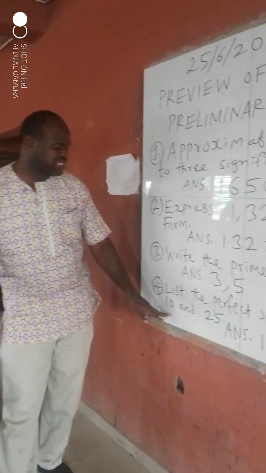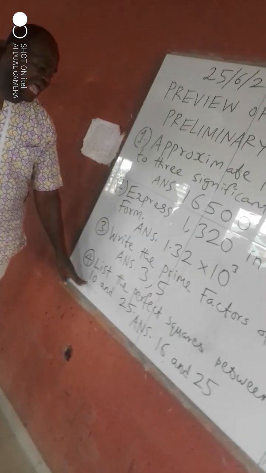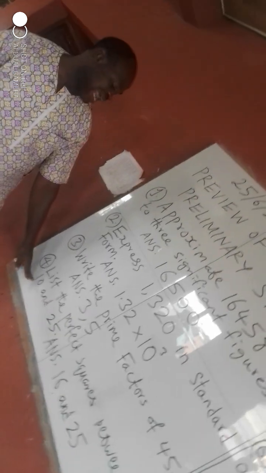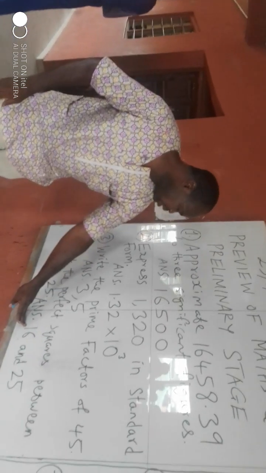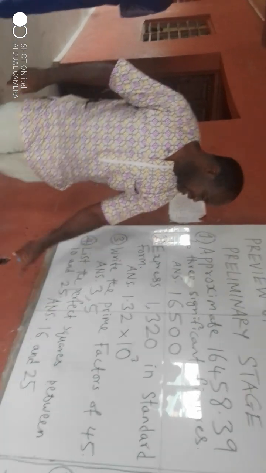The whole numbers between 10 and 25 that are perfect squares are 16 and 25. Why? The square root of 16 is 4. The square root of 25 is 5. So once you have a number between 10 and 25 whose square root is a whole number, that number becomes a perfect square.